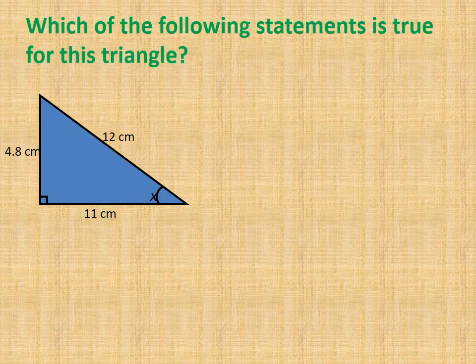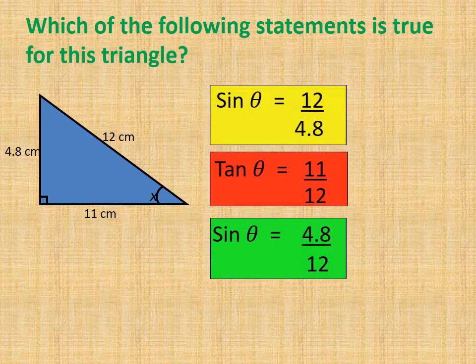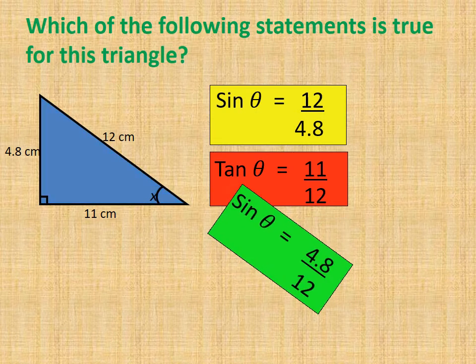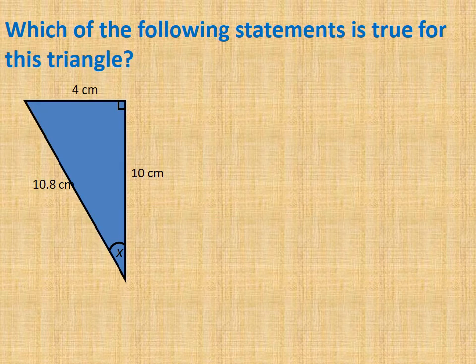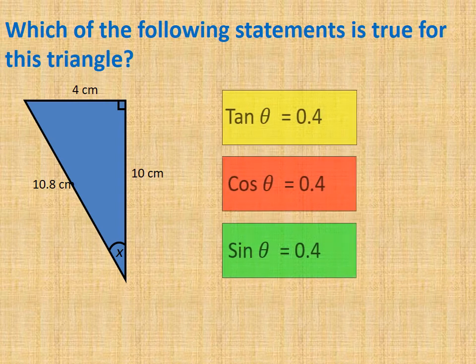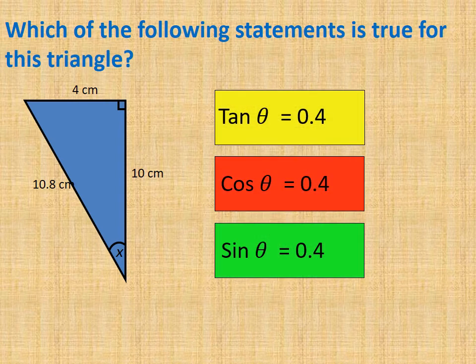Here we have which of the following statements is true for the triangle. I have here sine, tan, and also sine. It will be 4.8/12, opposite over hypotenuse. Excellent. Another one, for this angle I need to find which statement is true, tan or cosine or sine.